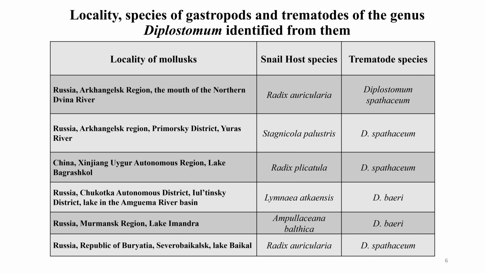Moreover, a specific binding to host mollusks of the same species, i.e. species specificity, was not found. The same species of trematodes is found in pond snails of different species and even genera.